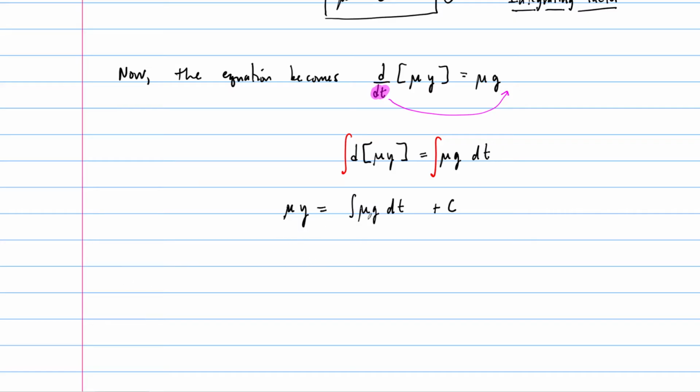So I'm going to divide through by mu, but I'm going to write some words here first. So here is the punchline: the general solution of the linear, first order linear differential equation.